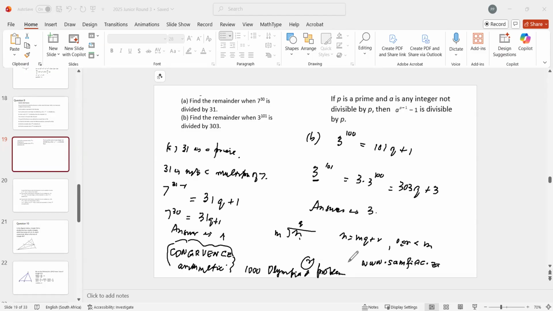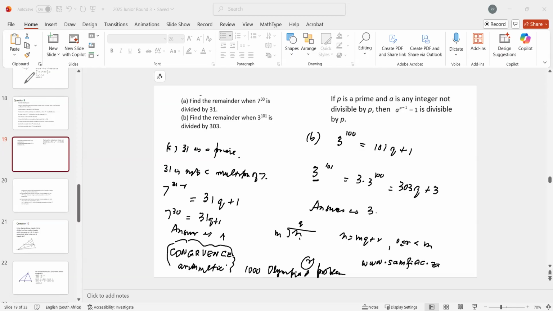Very powerful tool to answer all kinds of questions regarding numbers, natural numbers, 1, 2, 3, 4, and so on, and even negative natural numbers, the integers. And the subject which deals with integers or natural numbers is called number theory.